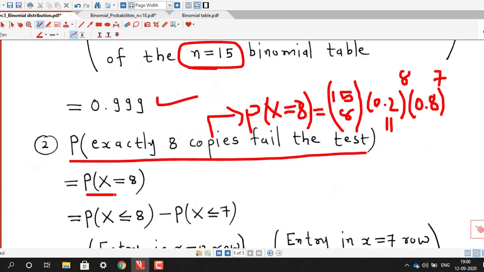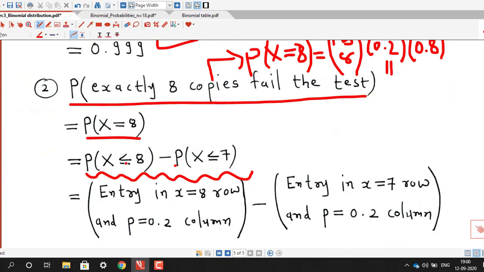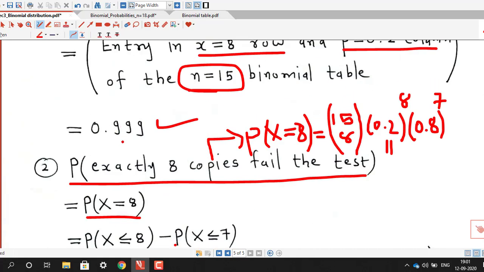So we know that probability that x equal to 8 can be written as difference between these two cumulative probabilities. Probability that x is less than or equal to 8 minus probability that x is less than or equal to 7. Okay. So for this we use this one.